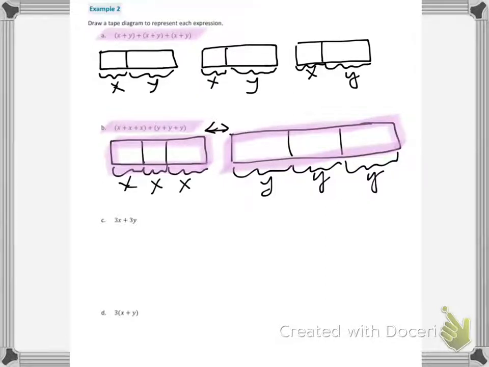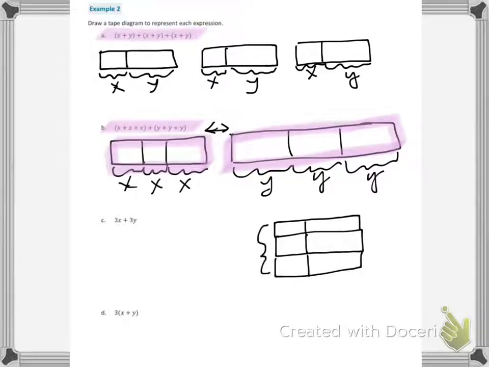We have our x and y, and we could just go ahead and do that 3 times, because we have 3, and then we have x, and we have y. If you recall, before, when we did something like this, we just did the distributive property.